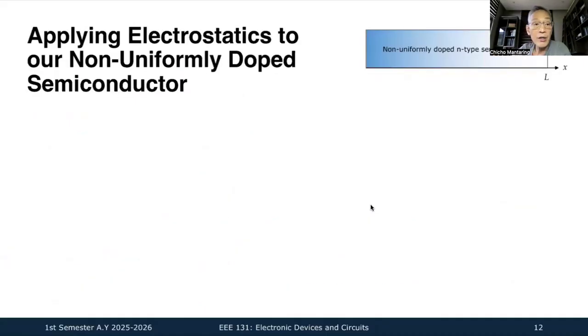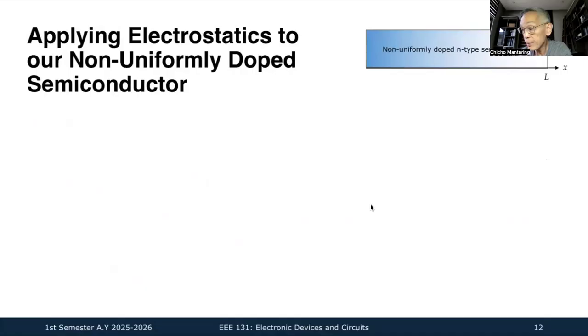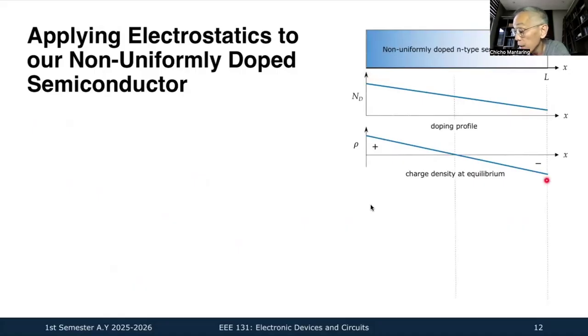So let's now apply electrostatics to our non-uniformly doped semiconductor. Let's go back to this non-uniformly doped semiconductor. We said that this is our doping profile. We're assuming that at equilibrium, this will be the charge density distribution profile.